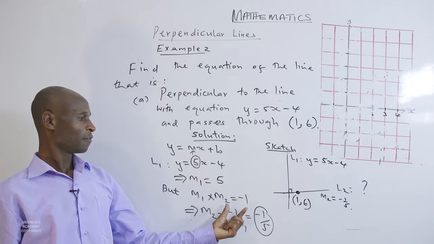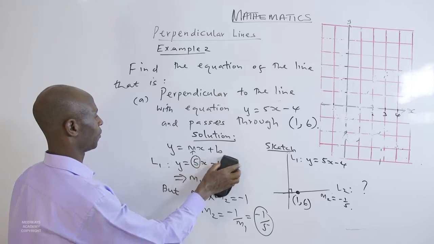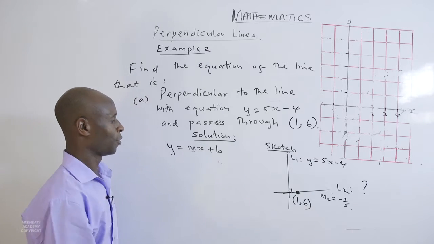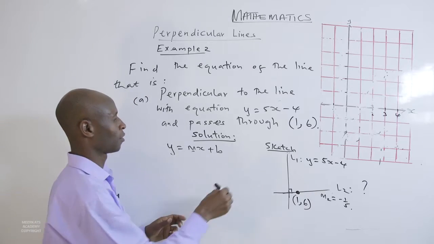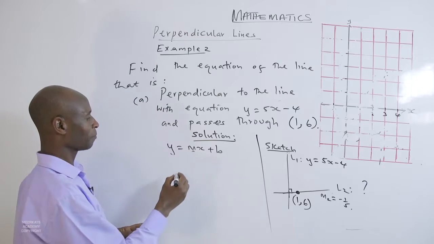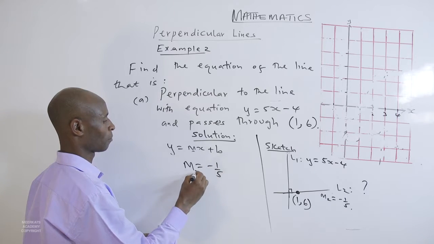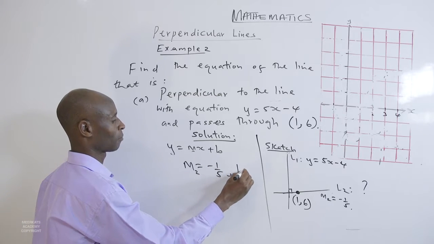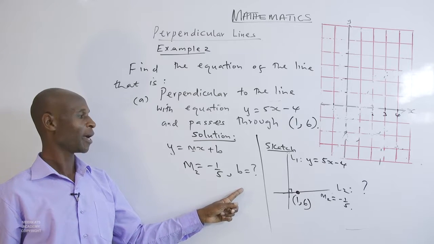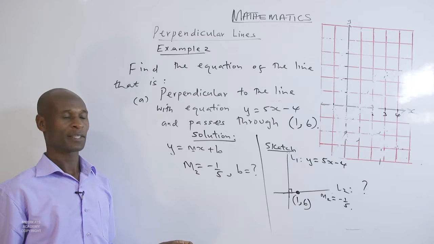So once you have the gradient m2, we need to get b. That is the y-intercept, the point where our line crosses the y-axis.